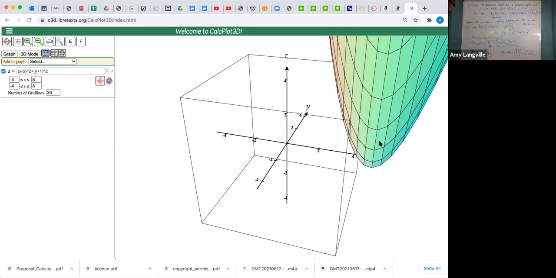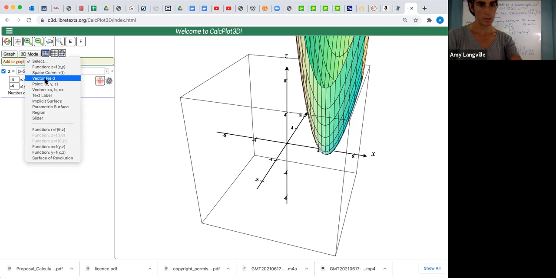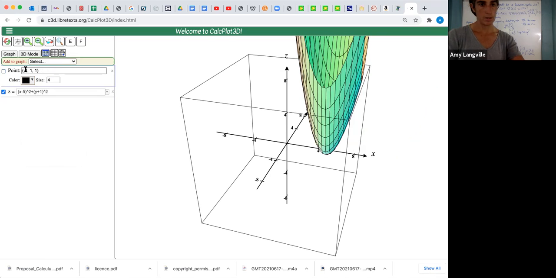Yeah, so the point 2, 3 on the surface, x is 2, y is 3. We'd be way up here on the surface. Let me see if I can back out and add a point. That'll help us. 2, 3.